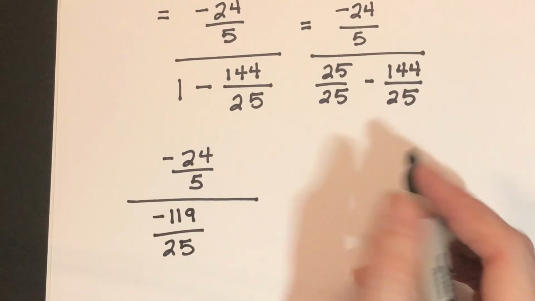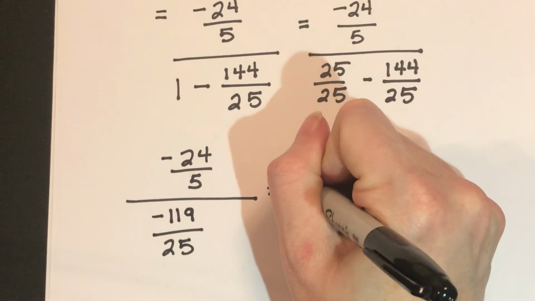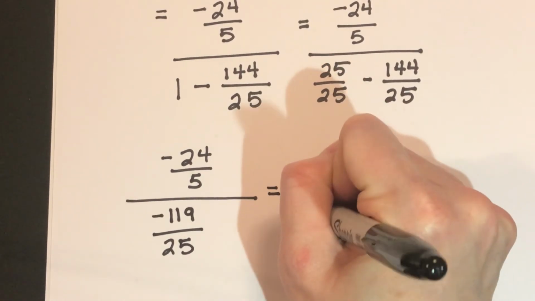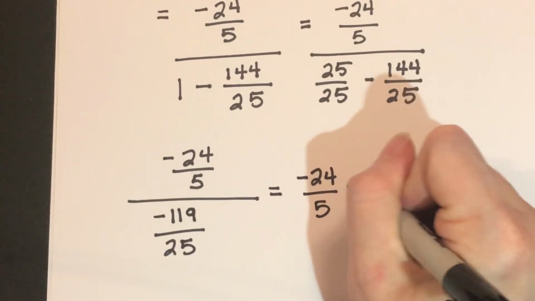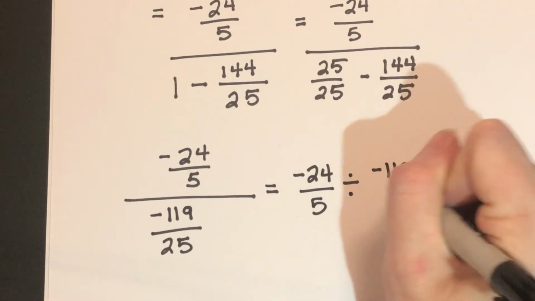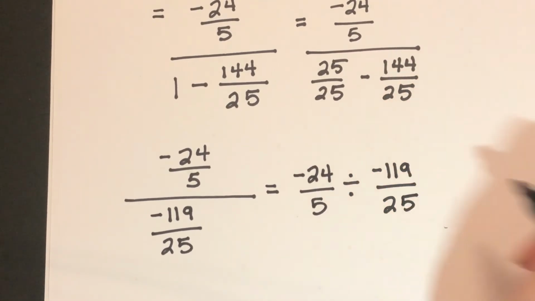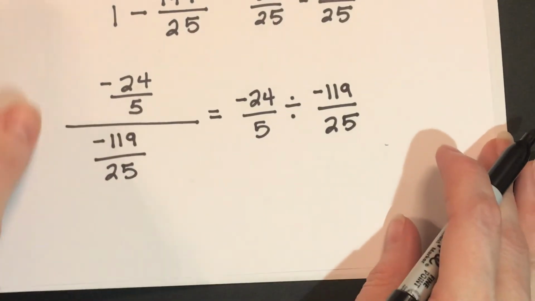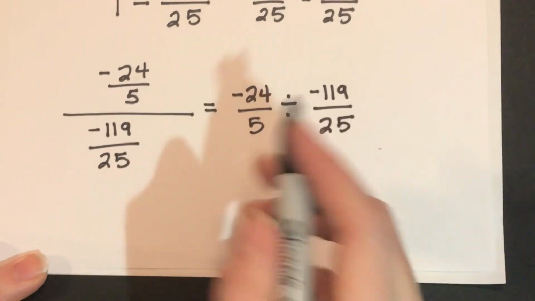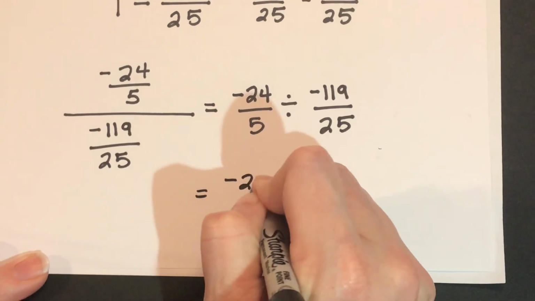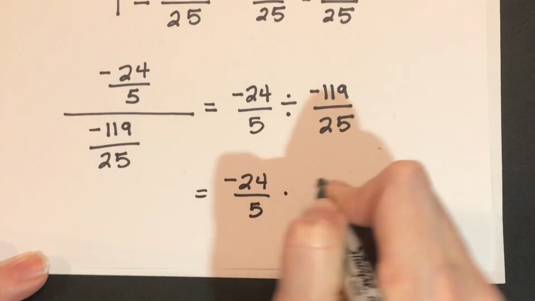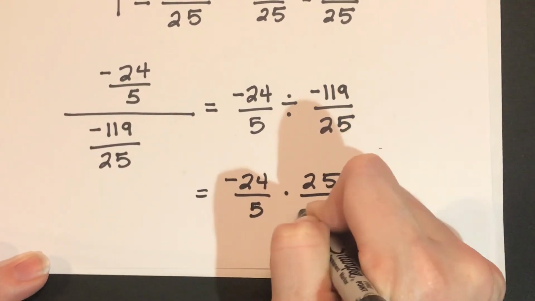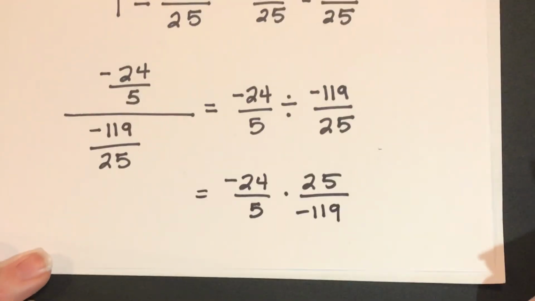All right, now we have a division problem. Negative 24 fifths divided by negative 119 over 25. To divide fractions, you must multiply by the reciprocal. So we change it to negative 24 fifths times 25 over negative 119.